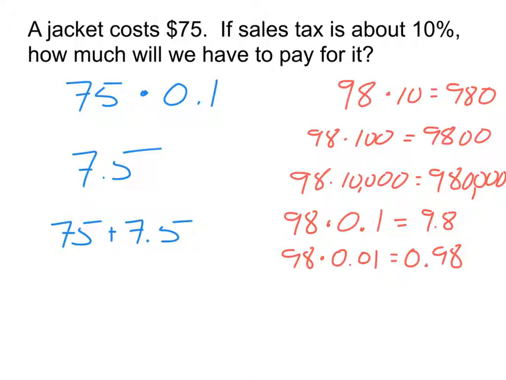So, what's 75 plus 7? 82. And that 0.5, notice there was a decimal only in that one, so it just carries through. So the whole thing ends up being 82.5. Or in other words, if I want to make it pretty, $82.50. And it was all done with just mental math.